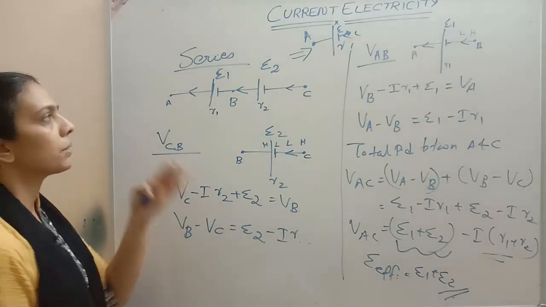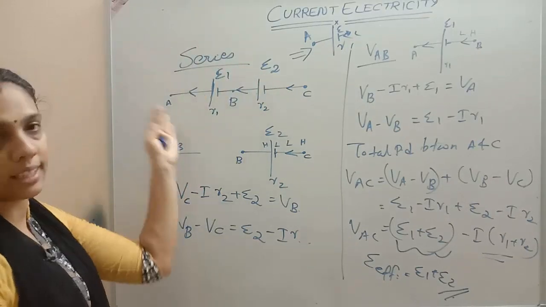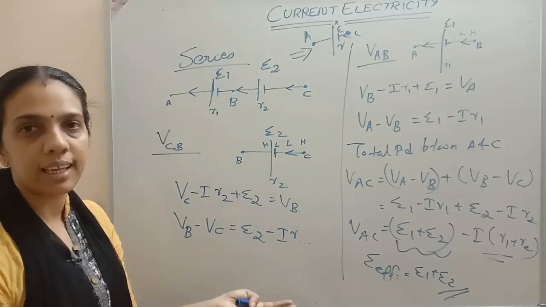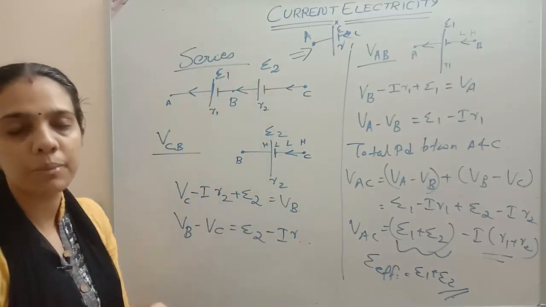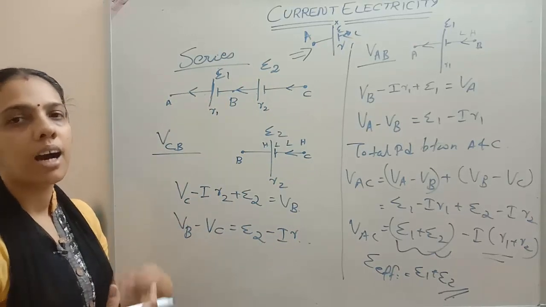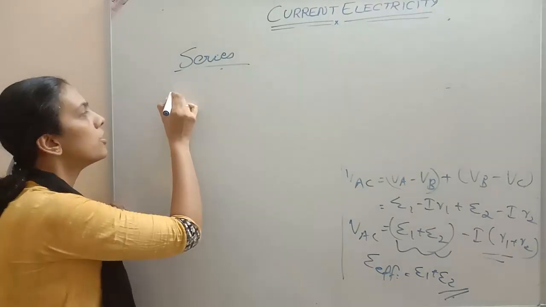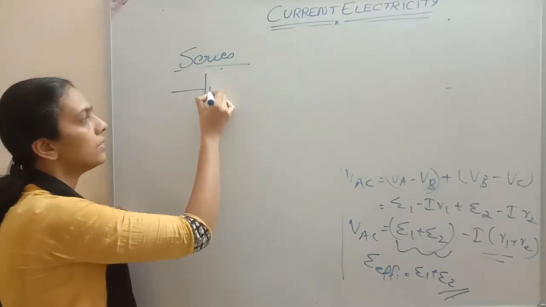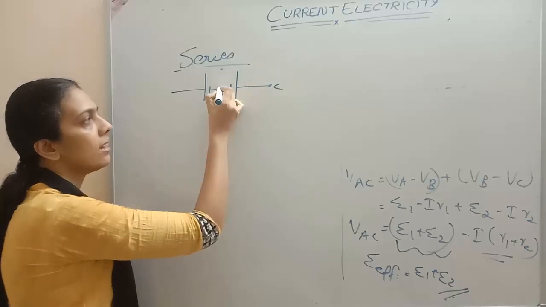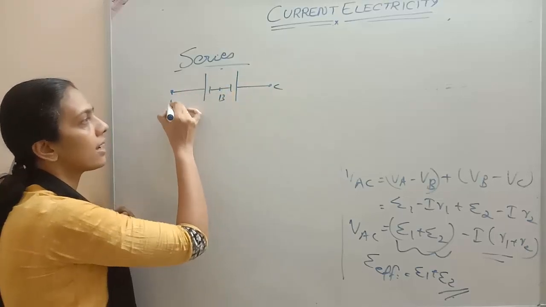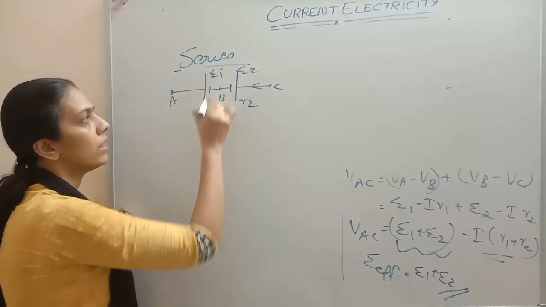So you tell me, if we are connecting like negative, positive and positive, negative, or if two positive terminals or two negative terminals are connected together, how will the current be, what will be the difference? We will see that. So here one is positive, negative, next again negative and positive. This is C, this is B and this is A, and the current is moving in this manner, R2, E1, R1.